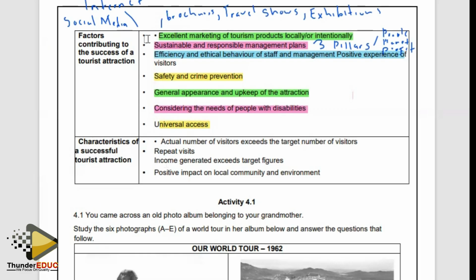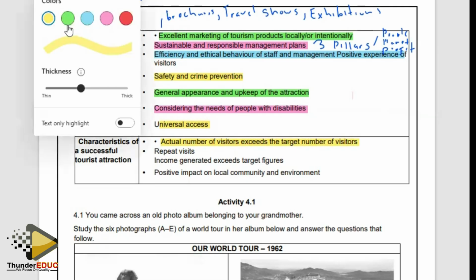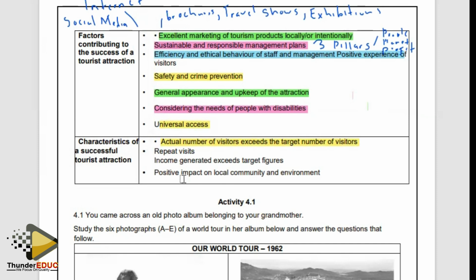Then, having discussed these factors, we need to move on to the characteristics of a successful tourist attraction. If a tourist attraction's actual number of visitors exceeds the target number of visitors, successful attractions actually end up limiting the number of visitors, simply because they would have gone beyond their initial target numbers.